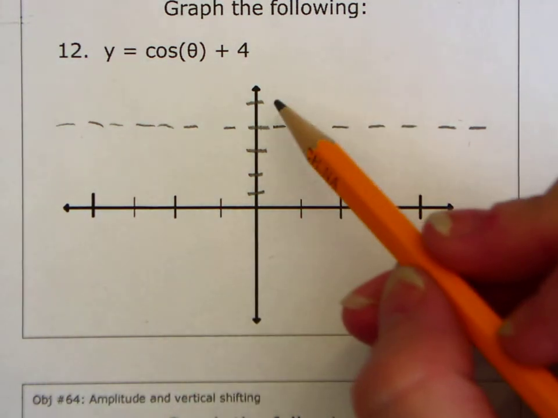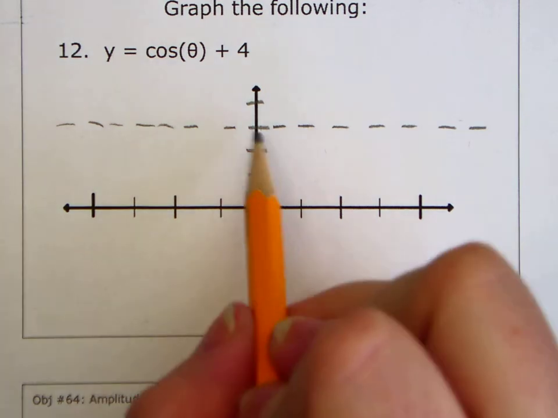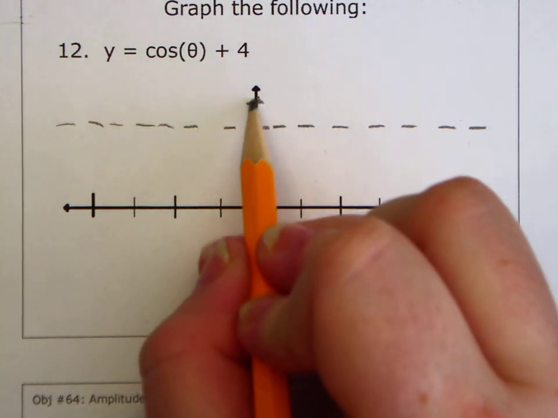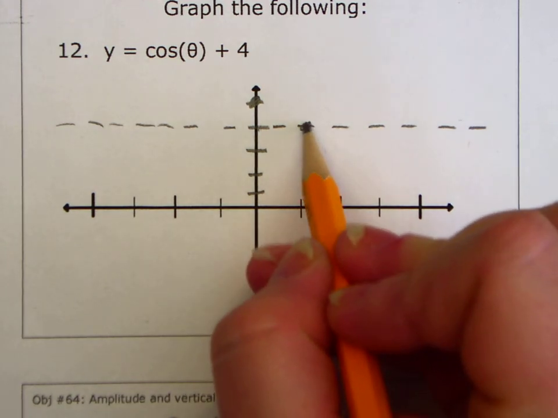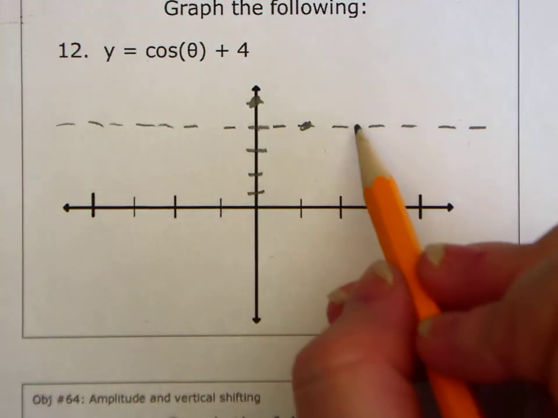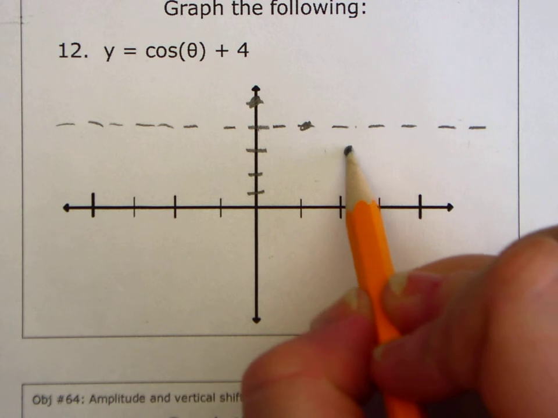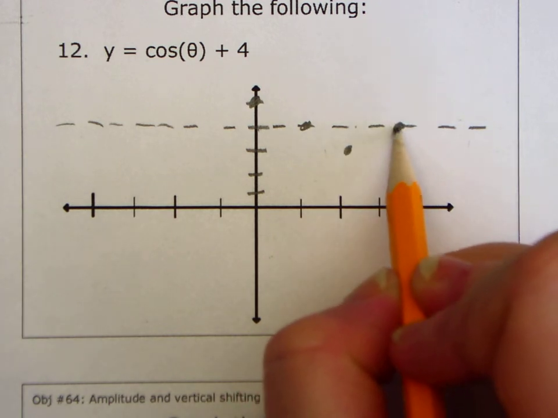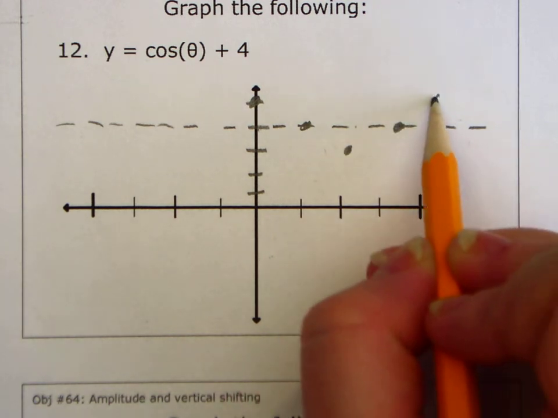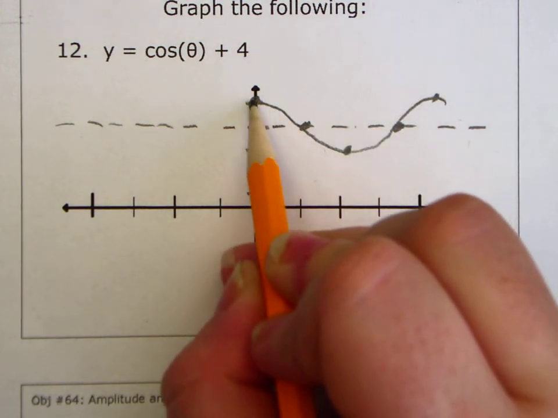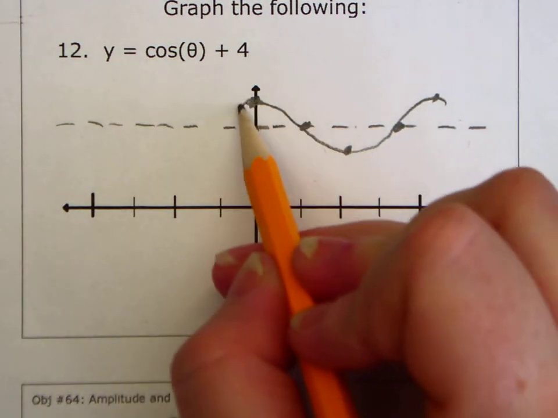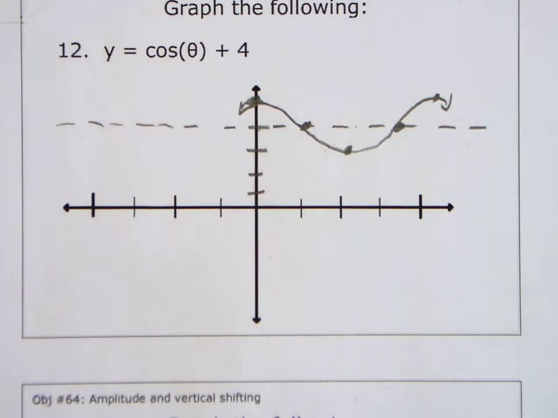At 1, so up 1 from my dotted line. Then you hit 0, which is my dotted line, go to negative 1, down 1 from my dotted line, then 0, and up 1 from the dotted line. And then you can do the negative side too. I'm going to stop though.